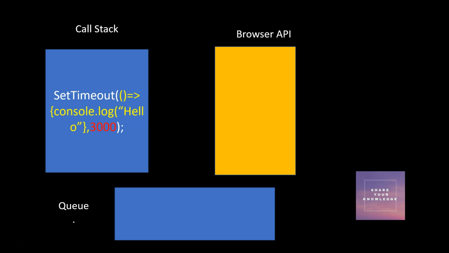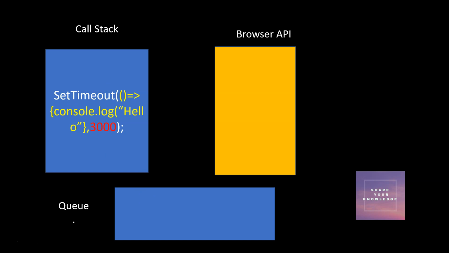So once the 3000 milliseconds have elapsed, it will take that function we have given to it and put it into the JavaScript queue, and the JavaScript engine will take from the queue to the call stack. When the call stack is empty, which means it does not have any other synchronous task to complete, it will take one by one from the queue and execute in the call stack. So this is how it happens.